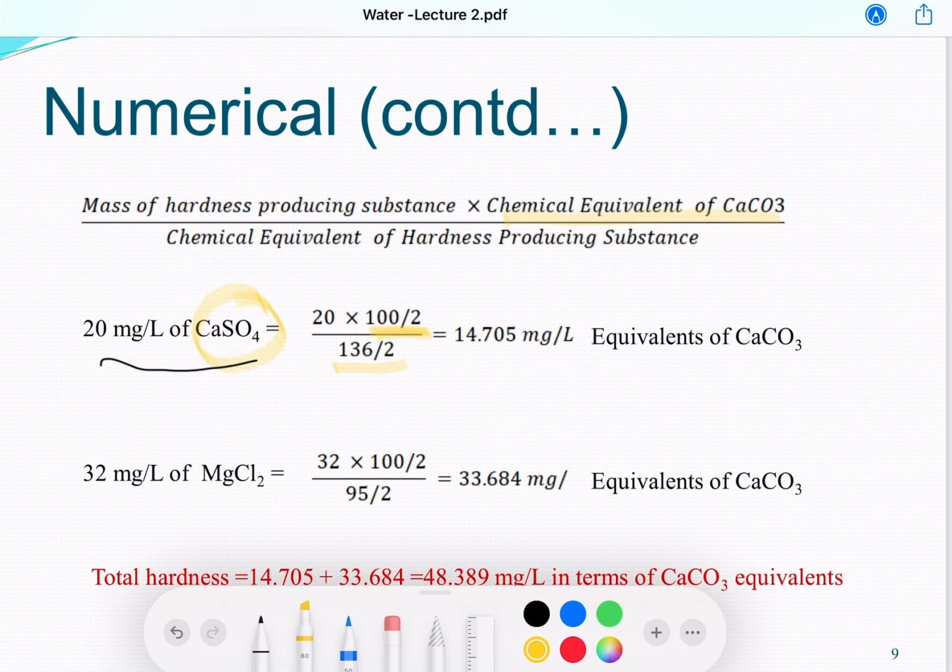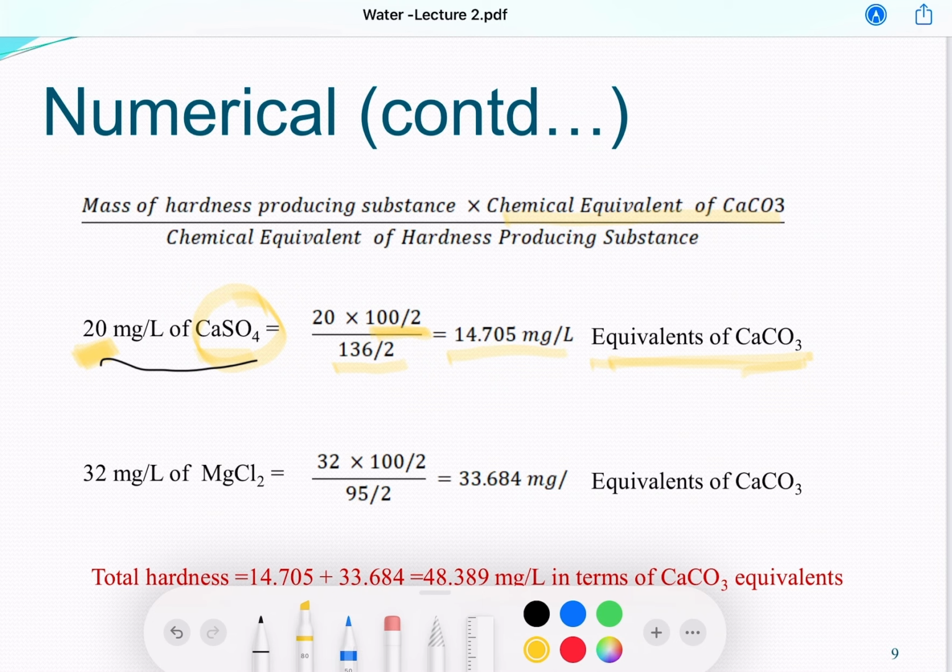When you solve it, you will get 14.705 milligram per liter in terms of equivalents of CaCO3. It is very important to write this, because the hardness caused by 20 milligram per liter of CaSO4, when expressed in terms of calcium carbonate, comes to 14.705. Similarly, for magnesium chloride, the question says 32 milligrams per liter of magnesium chloride.